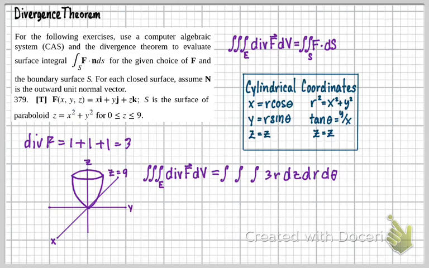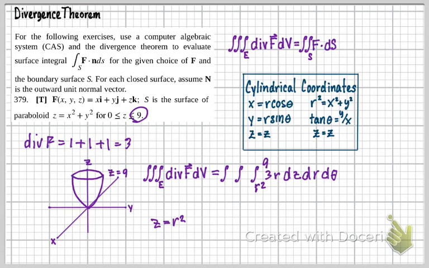And I have to turn it into polar as well. So really that bottom function is z equals r squared, because x squared plus y squared equals r squared. So my lower bound is going to be r squared. And my upper bound, it says my z goes up to 9. So we're going to put our 9 here.